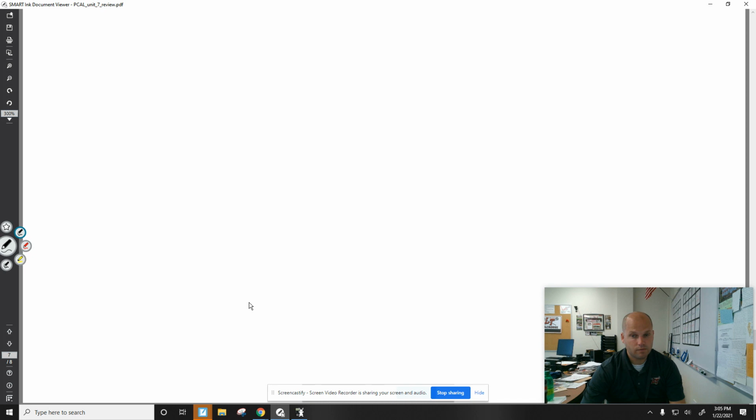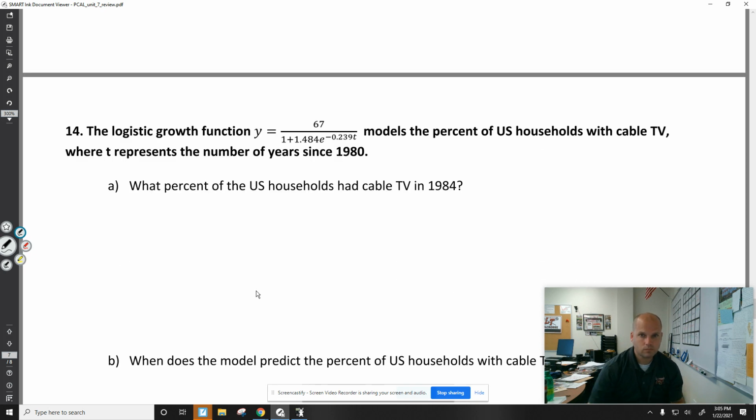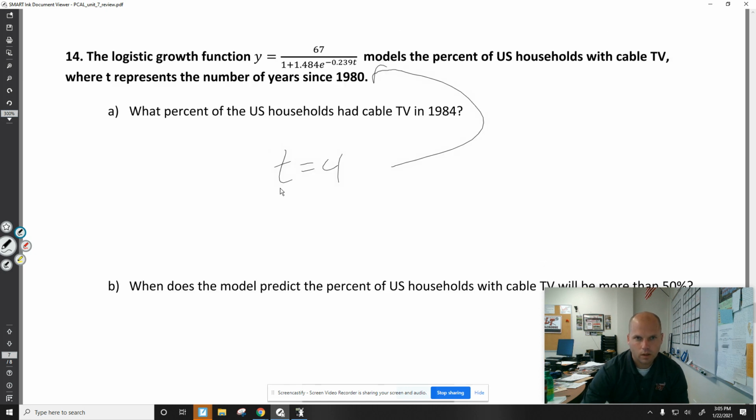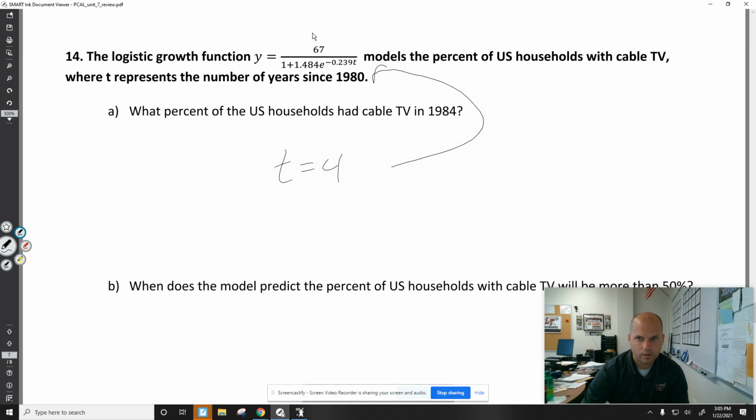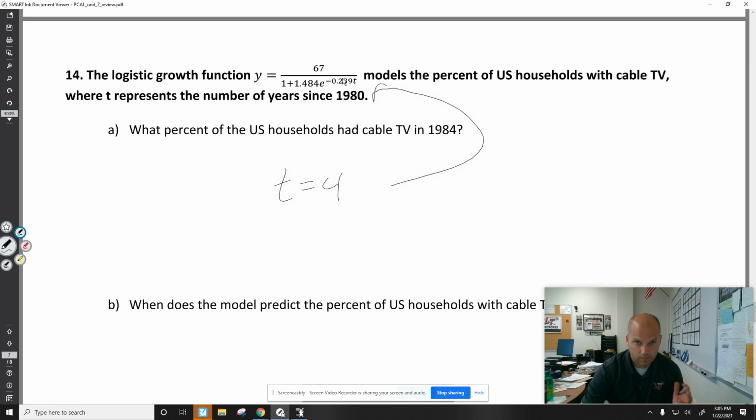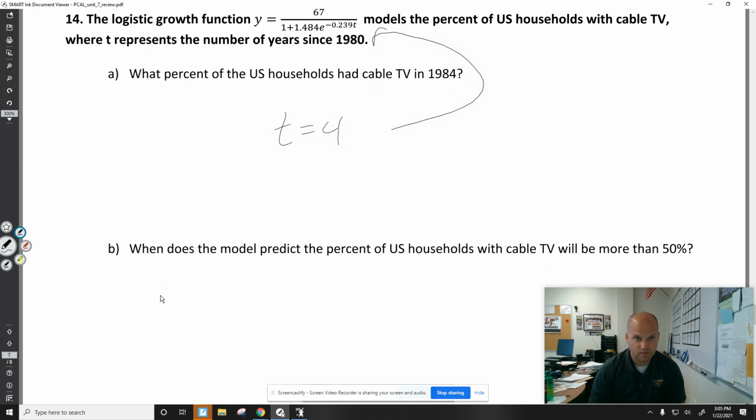Cars depreciate in value. Houses do not depreciate in value. I'm just going to tell you what to do. Take 4, plug it in here. When does the model predict the percent? Okay, so this gives me the percent. 50%. So when is this 50%?